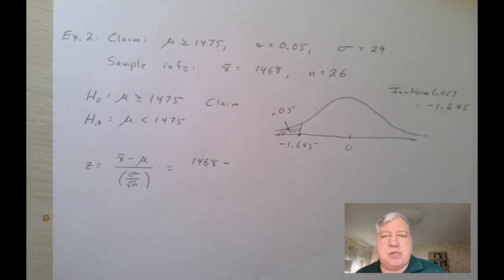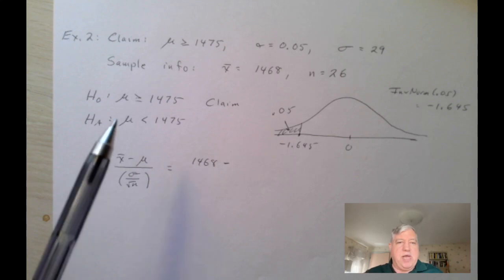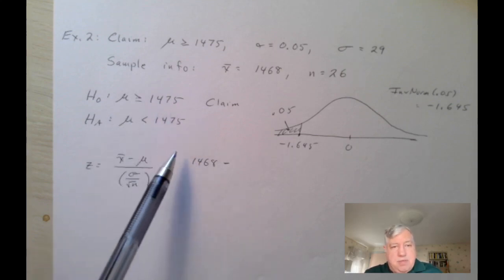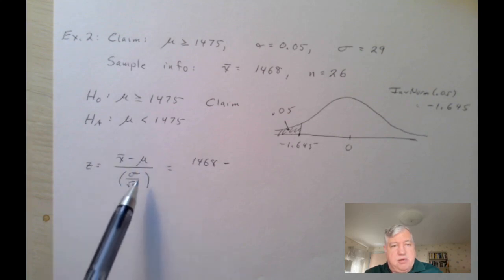It works out because our critical value would still work. If mu is actually bigger than this, then this z would be actually less than what we computed if mu is equal to this.